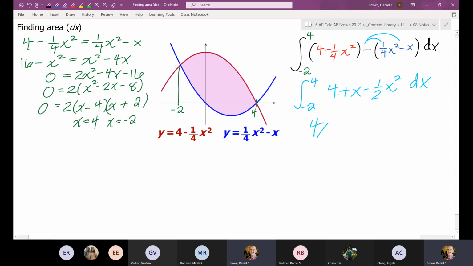The antiderivative is 4x plus 1/2 of x squared, minus x cubed over 6, since 2 times 3 is 6. Then plug in the top minus the bottom.